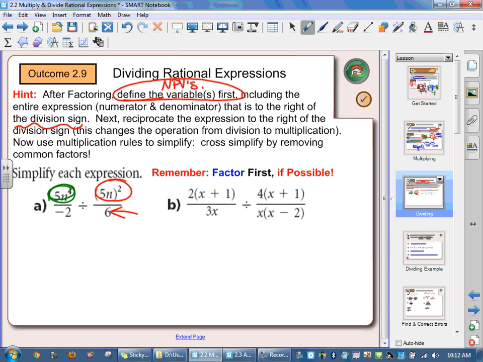Okay? So if we take a look at this guy, is he in factored form? Our first expression? Yeah, he's as low as he goes for factored wise. Now we just have to simplify. We can't simplify, remember, until we flip him. Is there any variables in the bottom that I start with? No. But when I flip this guy, I have a 5n squared on the bottom.